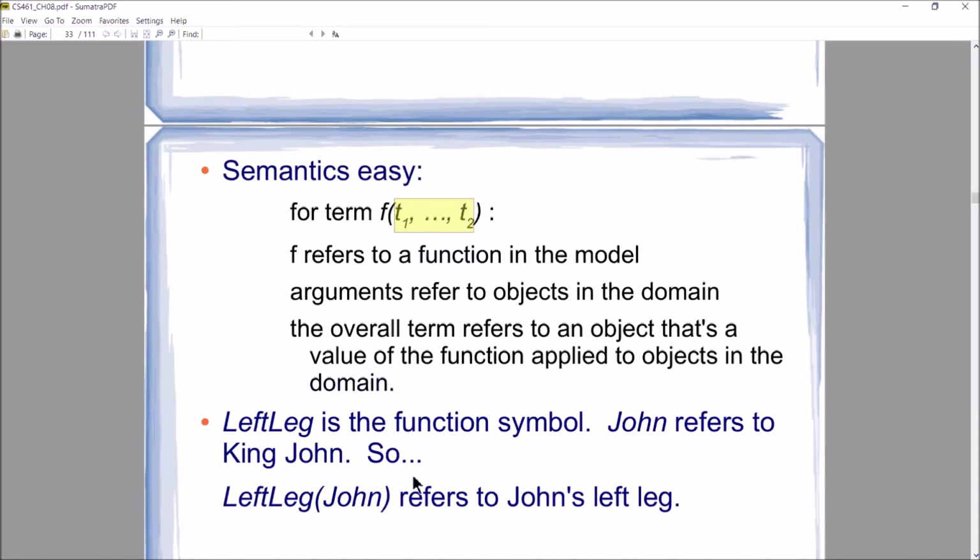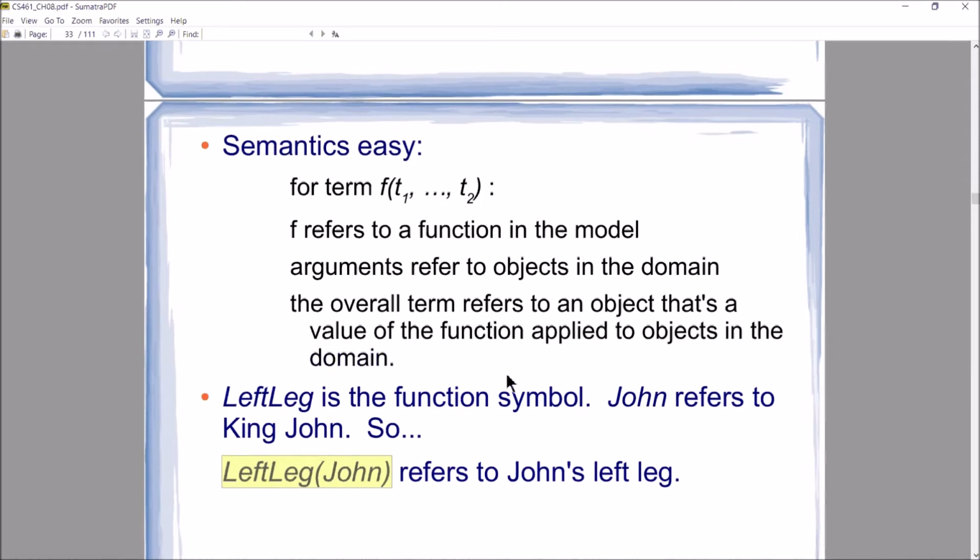So left leg is the function symbol, and John refers to King John. As I was saying a second ago, left leg of John refers to John's left leg. So rather than writing out in plain English, the left leg belonging to King John the First, which has 5 toes, is 6 feet long, and we refer to it as Tim, just say left leg John. It's easily understood.